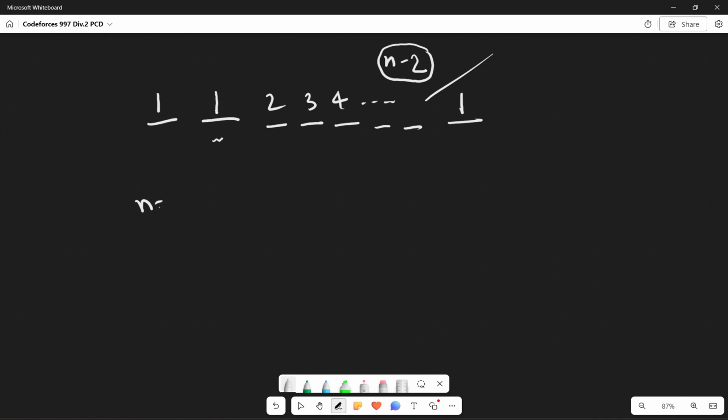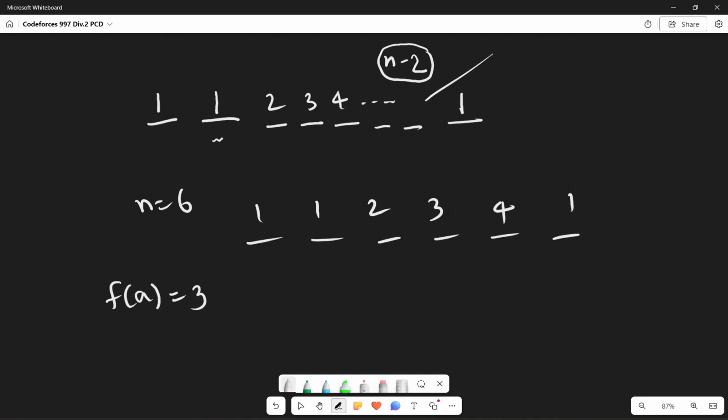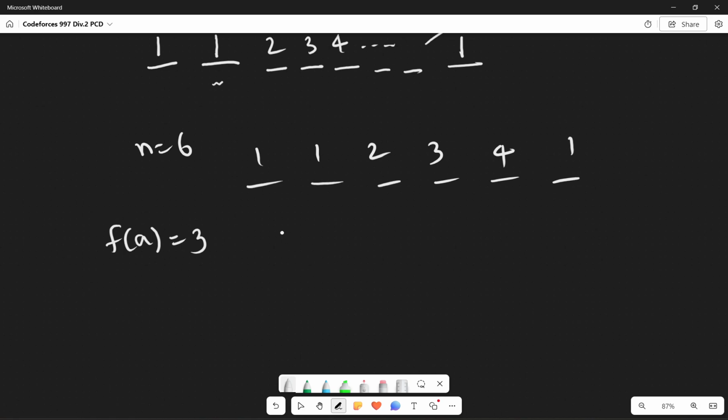So for n is equal to 6, see here, 1 2 3 4 5 6, so 1 1 1 2 3 4. So notice here that you have f of a is 3 here. So basically 3 is the length of the largest palindromic subsequence possible in this array, and the combinations are 1 comma 1 comma 1.